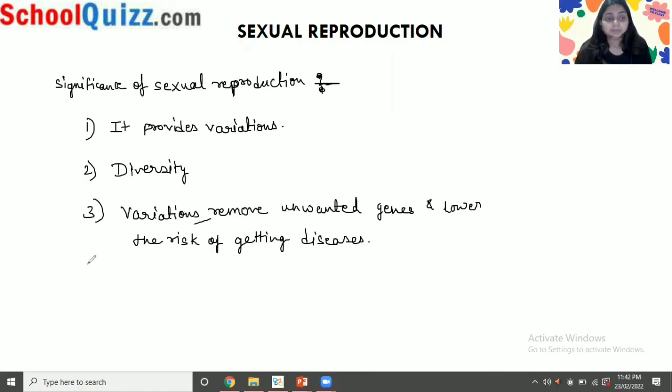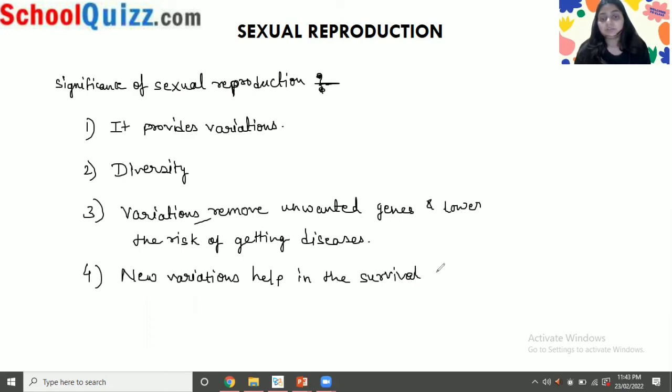And number four, you can write: new variations help in the survival of species with the changing environment.